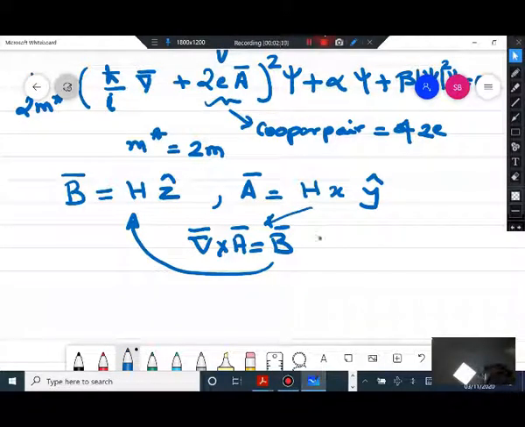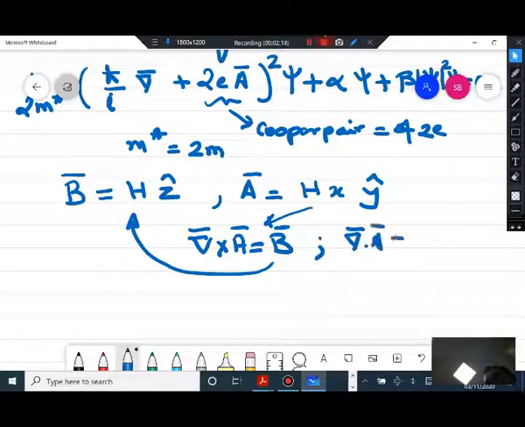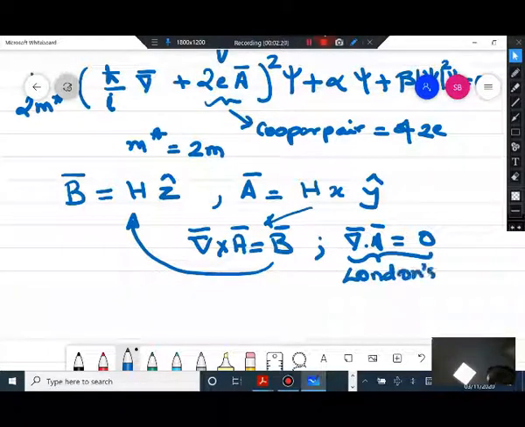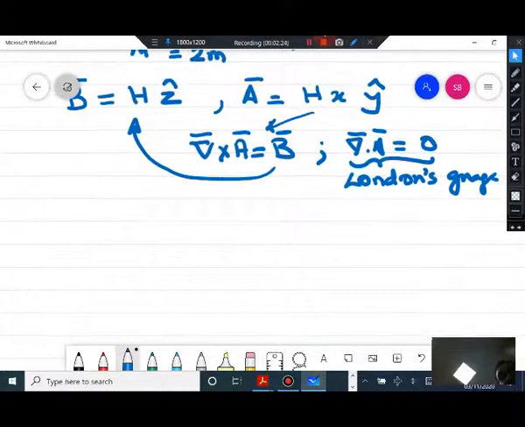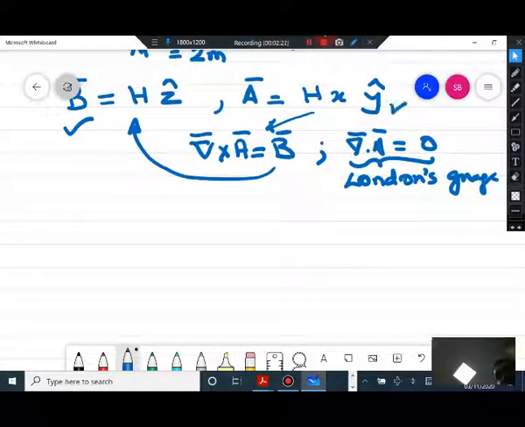And this value of A also satisfies divergence of A equal to 0, the London gauge. So both these equations are satisfied, since we are working in the London gauge. So basically you will have to use this form of the vector potential.